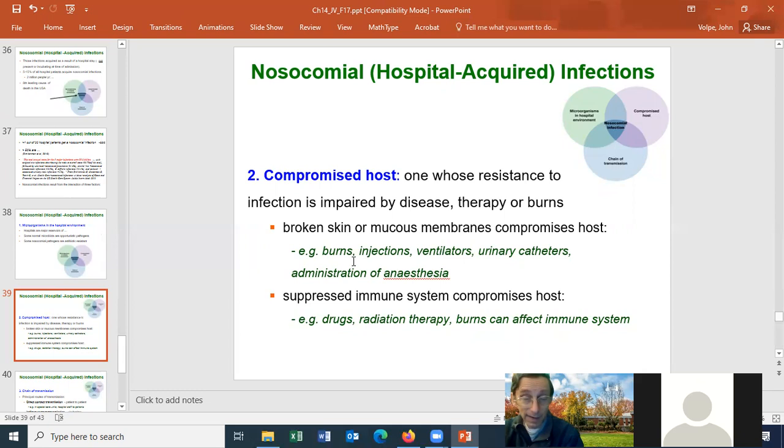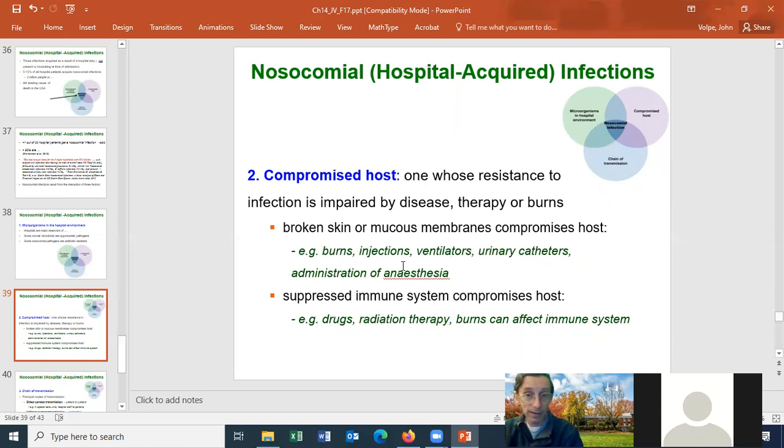And in a sense, this is another reason why nosocomial infections spread in the hospital. The patient is in the hospital for a reason. So they are usually a compromised host, one whose resistance to infection is impaired in some way, impaired by disease, by the therapy the patient is receiving, or by burns, or by trauma. Broken skin or broken mucous membranes compromises the host. The patient will be more likely to come down with an infection.